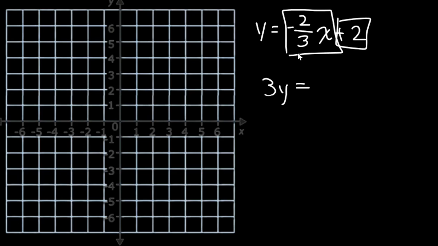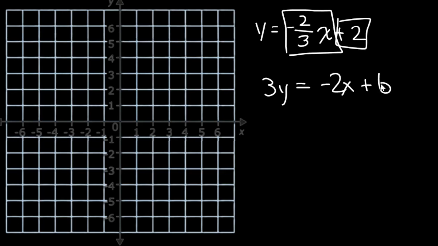Negative 2 divided by 3, times x, by the way, x is part of the numerator. Multiply by 3 and you get negative 2x. We multiply by 3 here, get plus 6. Remember to multiply this number by 3 as well.